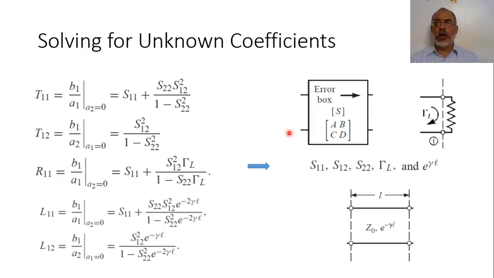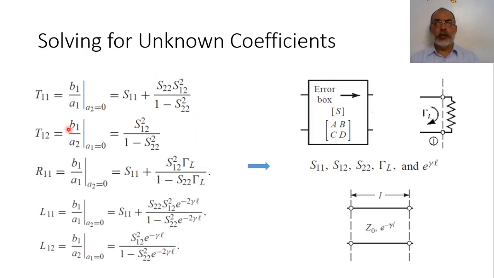The 5 unknowns are S11, S12, S22, the reflection coefficient gamma L, and the phase delay of the transmission line, e to the power minus gamma L. Here is S11 and S12 measured at the through. Here is S11 measured at the unknown load gamma load. Here is S11 and S12 of the line. These are the 5 measured quantities corresponding to the 5 equations in the 5 unknowns.